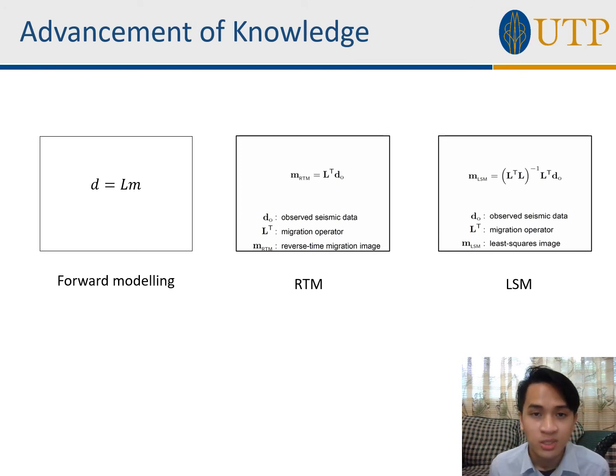Here is the advancement of knowledge of least square migration, as it transfers from forward modeling to reverse time migration and lastly to least square migration. It all started with forward modeling, where the data D is computed by applying the acoustic forward modeling operator L to the model M to get D equals L times M. But a better way to increase the visualization is by using the transpose of the linearized forward modeling operator, which leads to reverse time migration.